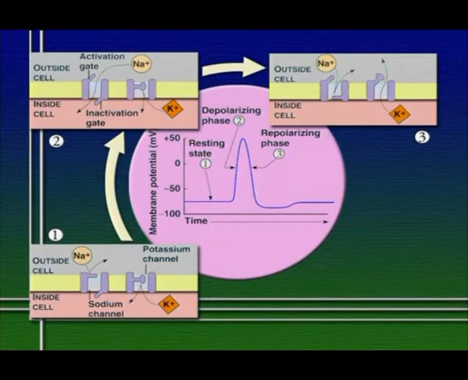So what's happened is that we've reduced the permeability to sodium because those voltage-gated channels are snapping shut, and we've even increased the permeability to potassium even more because now all of these new potassium channels, the voltage-gated ones, open up. Well, what happens then to the movement of these ions? Well, now potassium is far more permeable across the cell membrane, and sodium is not so permeable.